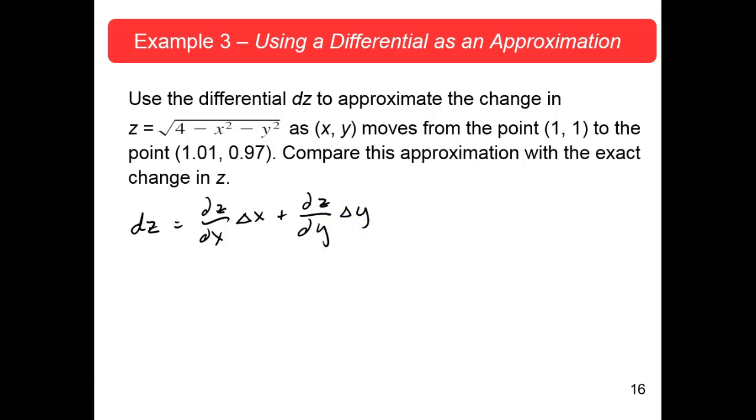So, several things we've got to do. Let's first do the partial of z with respect to x. Now, before I do that, I'm going to rewrite my z as (4 minus x squared minus y squared) to the 1/2 power. I just prefer taking derivatives of that to that of a radical. I don't like taking derivatives of a radical. So what would the partial of z with respect to x be?